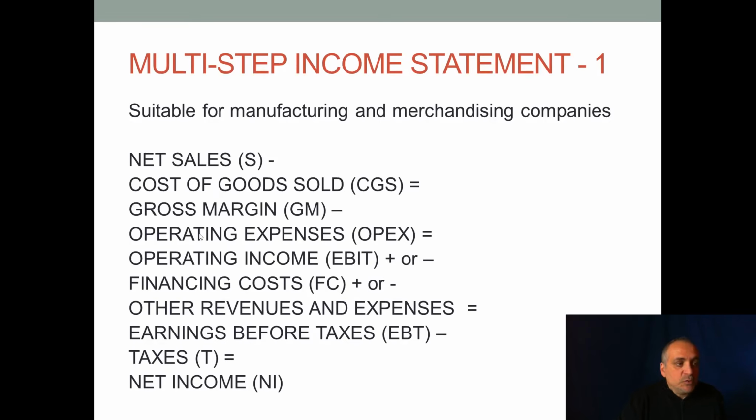Then we get into operating expenses, OPEX, and at the end of the day, we finally get to the EBIT, earnings before interest and taxes, operating income, reddito operativo. We all know EBIT from our previous studies, minus the financing costs.